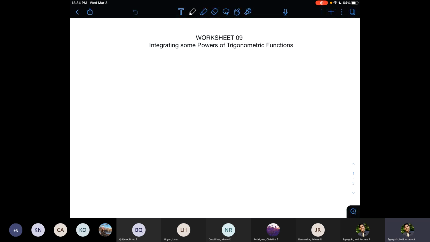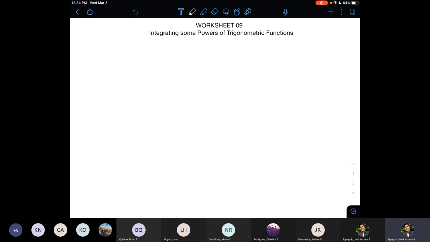Okay. So if there are no questions, then let's start looking at examples for integrating some powers of trig functions. So in this we will consider problems wherein we want to integrate the product of powers of sine and cosine, like sine to the m of x times cosine to the n of x dx.